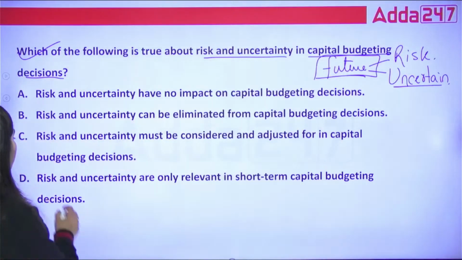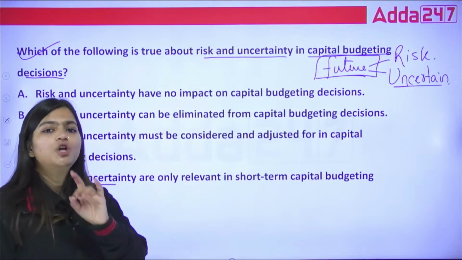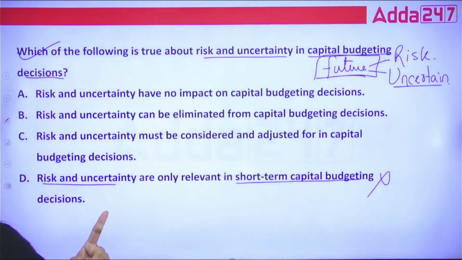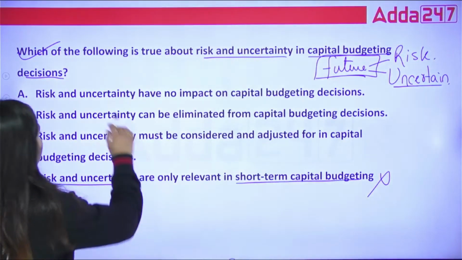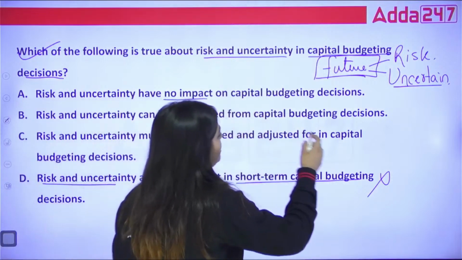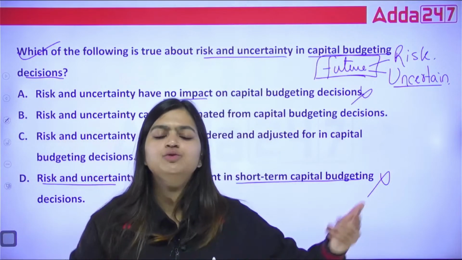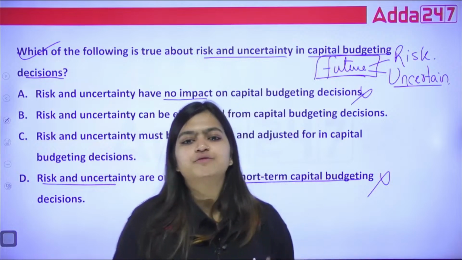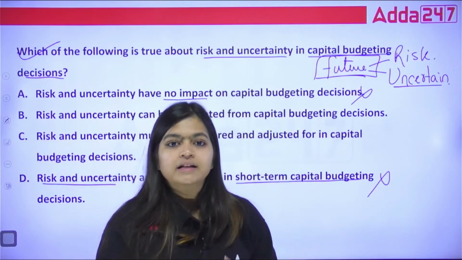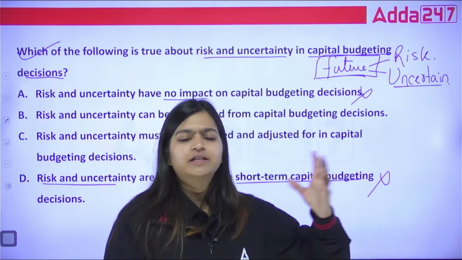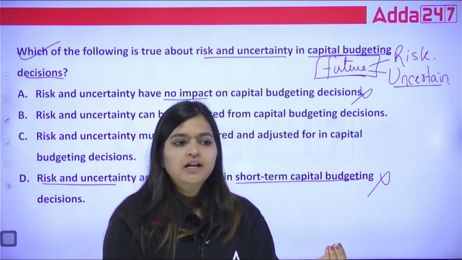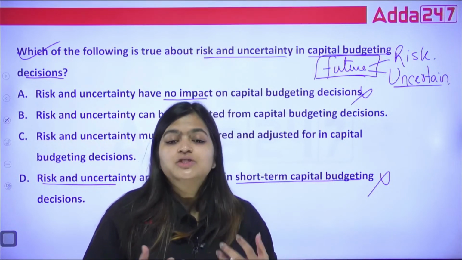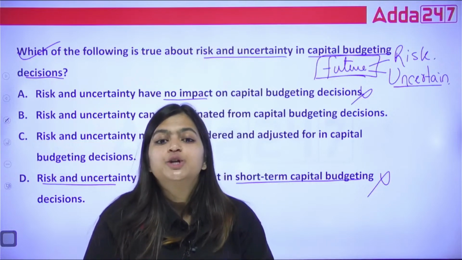Remember one thing, risk and uncertainty is not only relevant for short-term capital budgeting. If you see option A, no impact on capital budgeting decisions, then why are we calculating future options and comparing different options of the project? Because whatever risk or uncertainty is present, let's calculate it today itself so that we can at least take proper actions to control it.